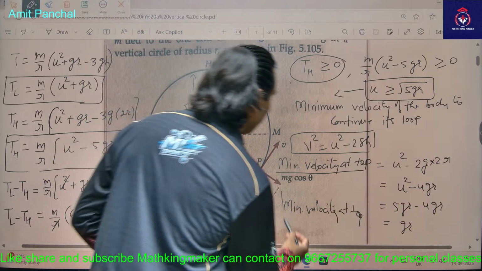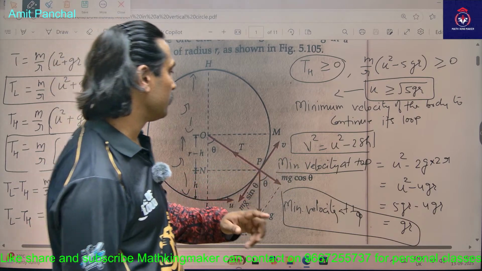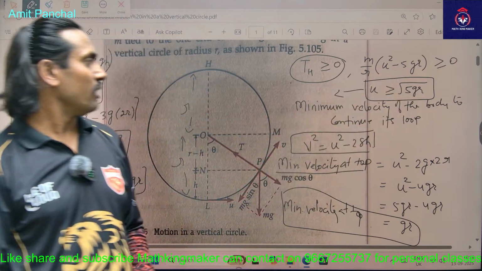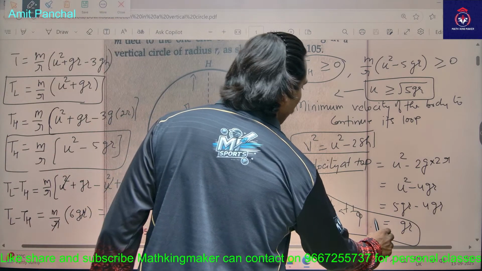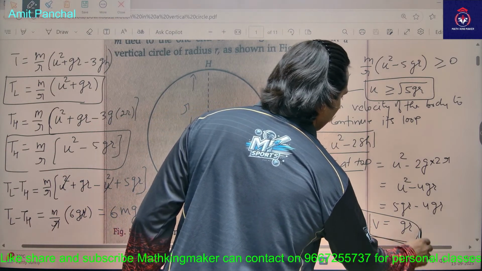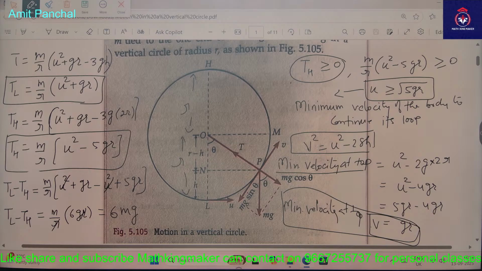So these are two conditions. That will be the minimum velocity at the top to continue as a circle. So you can say it's a critical velocity.